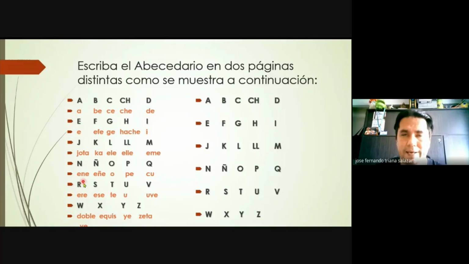This letter has two names. You can say ere, or you can pronounce it stronger. R, or R. For Russian people, that sound is very familiar.